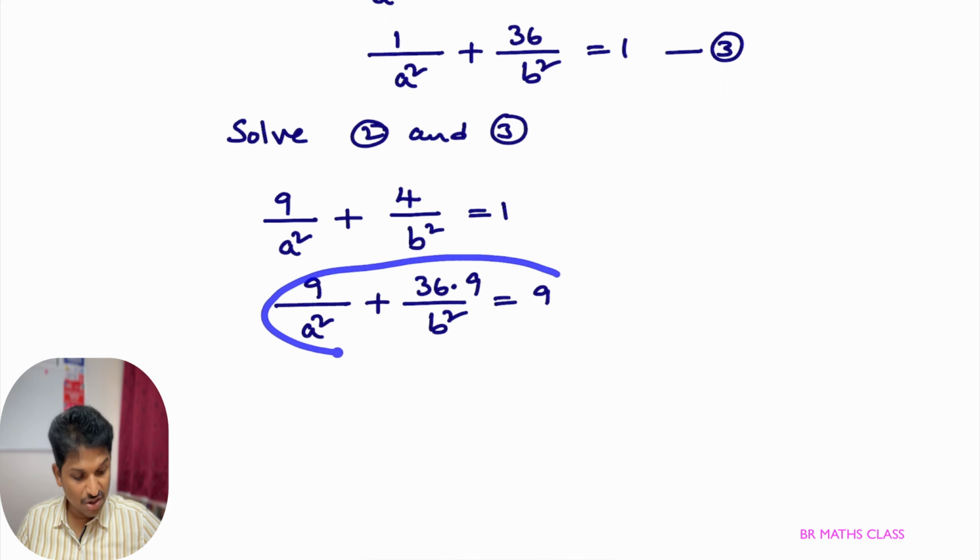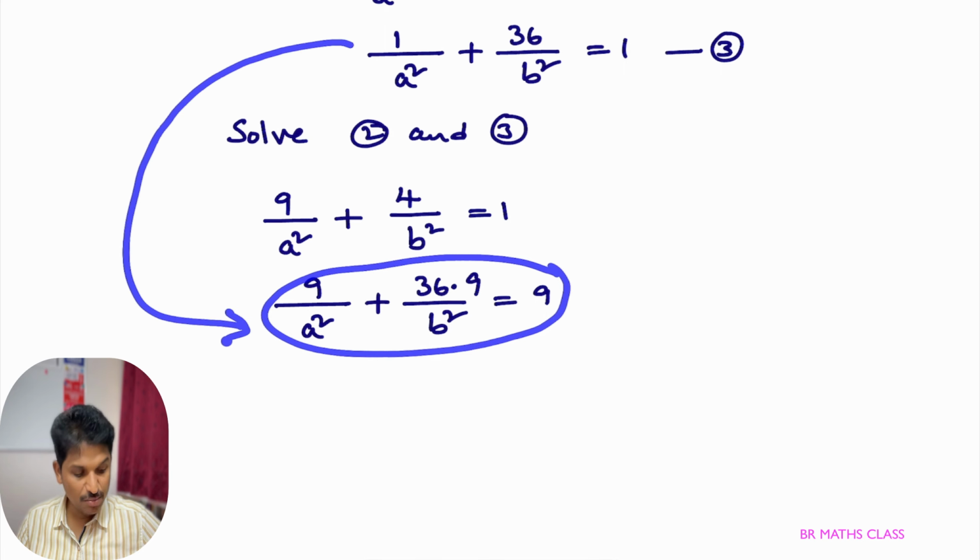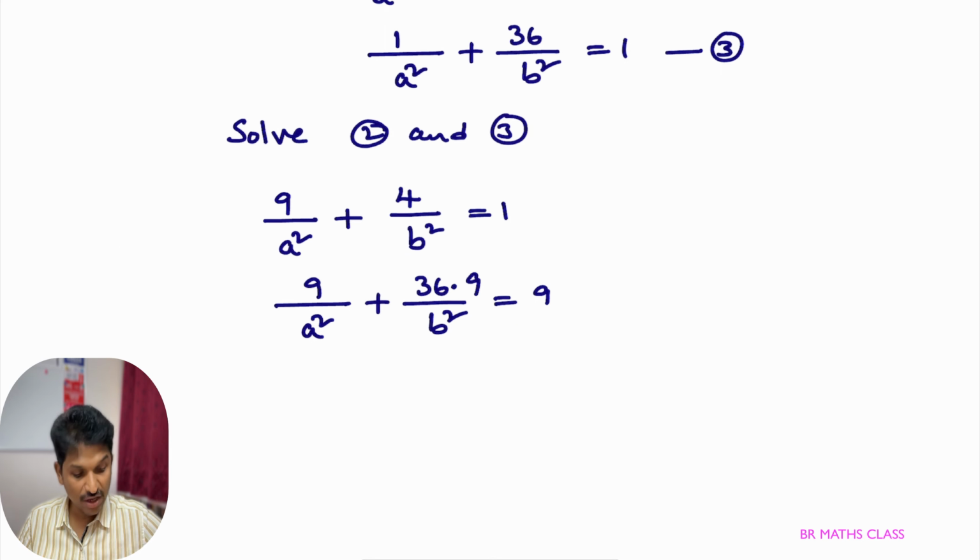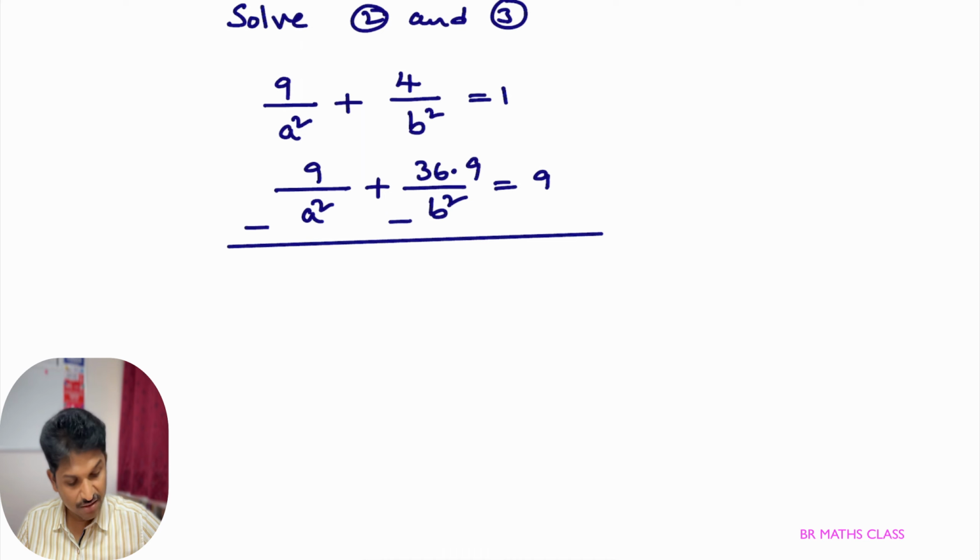How did I get this equation? This second equation I multiplied with 9. Okay. Now you subtract. When you subtract, you can observe that 9 by a square minus 9 by a square will get cancelled.